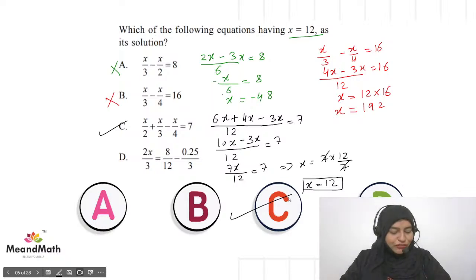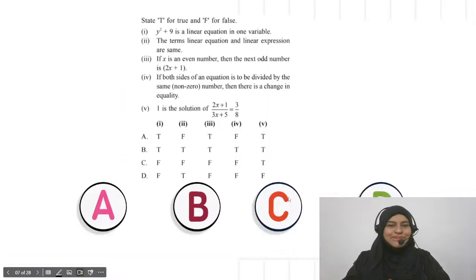Put your input, all of you. So here we got x is equal to 12. If you have any doubt regarding these two questions, you can ask anytime. Let's come on to the next question without wasting the time.